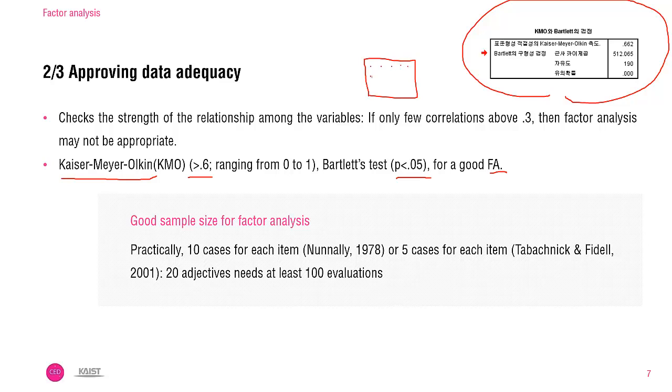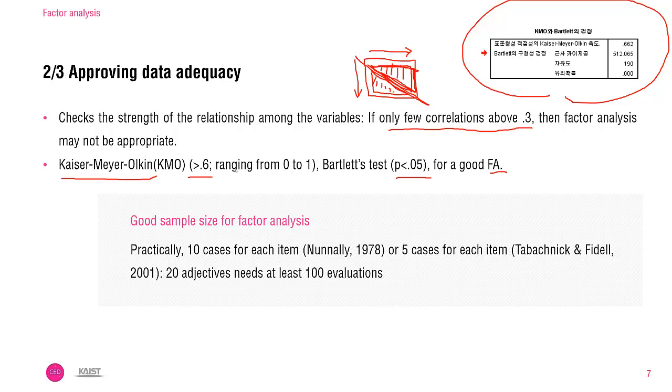In that matrix, the variables are arrayed horizontally and vertically, and their correlation coefficients are calculated here, and the same numbers here. Because they are symmetrical, we only need to observe half, right? So from the observation, if there are only few correlations above 0.3 in absolute value, then you can assume that the vector analysis may not be appropriate for your data.